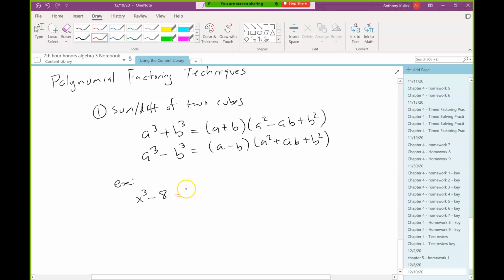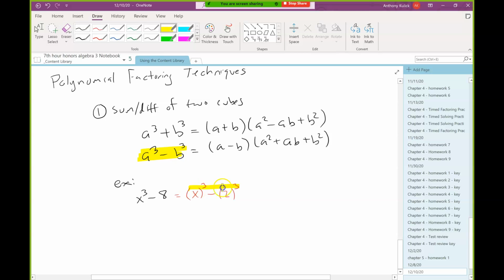So I'm going to try to rewrite x cubed as something to the third power. Oh, that's just x to the third power. Then I want to rewrite 8 as something to the third power. Well, I know 2 times 2 is 4, and 4 times 2 is 8. So 8 has to be 2 to the third.